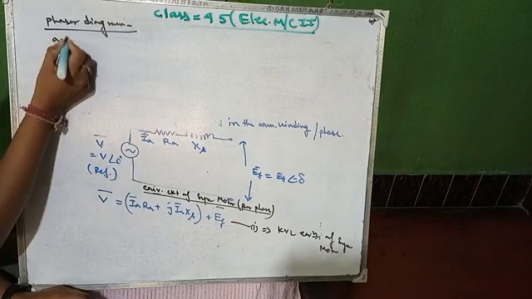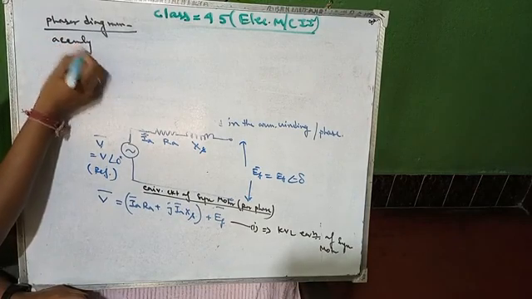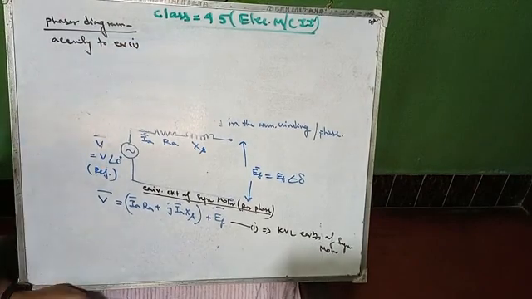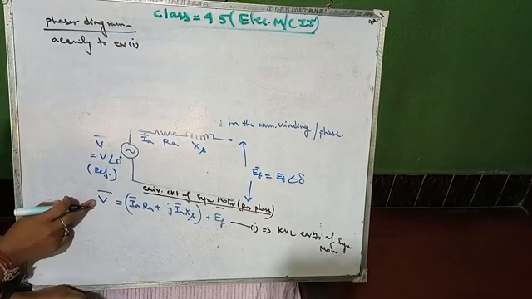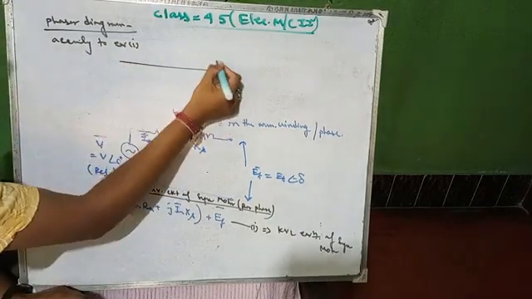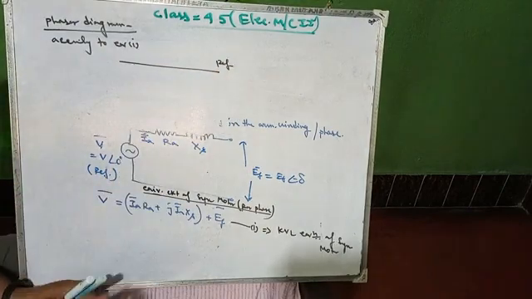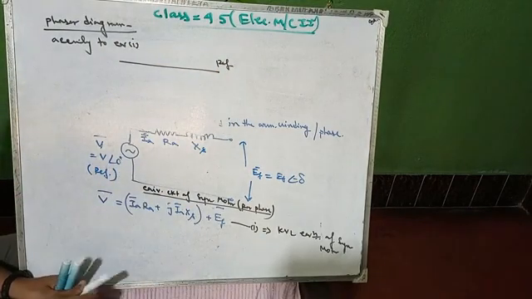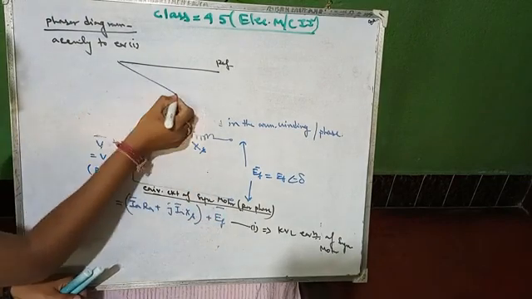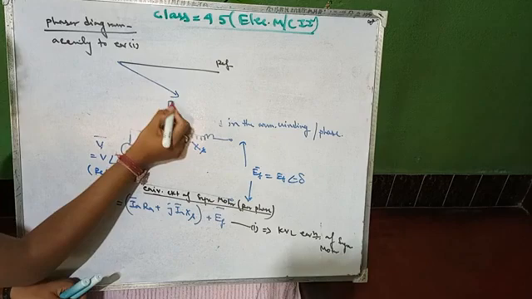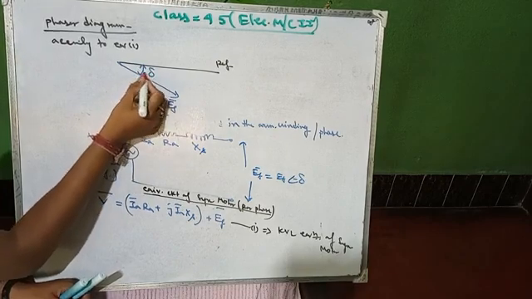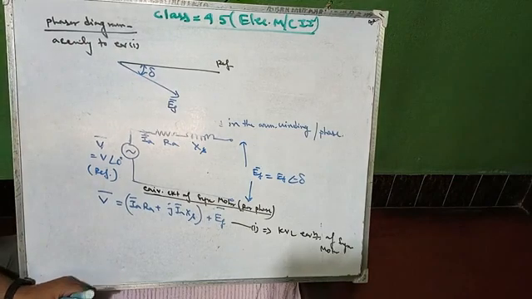According to equation 1, V is the reference phasor, so take a reference line on which V should be drawn. First you have to draw EF, which is lagging behind this reference by some angle del, or minus del.